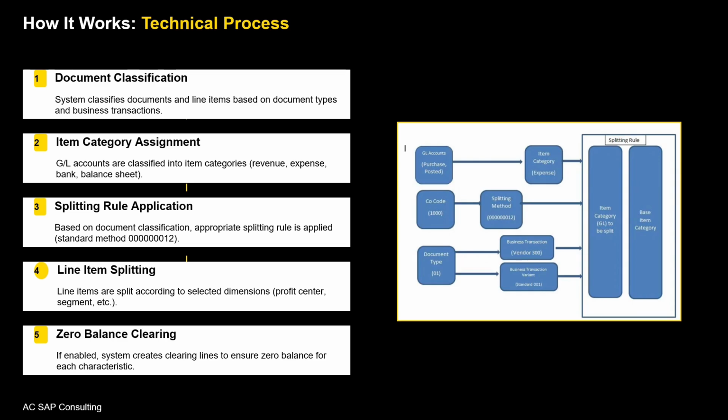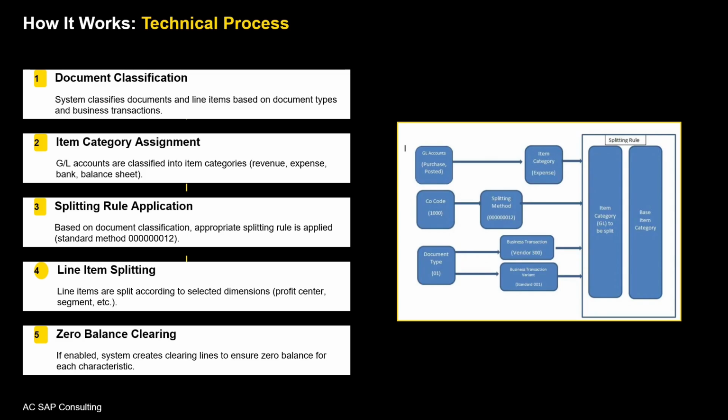Then we have a splitting rule, and then line item splitting, where we select the characteristics or the different cost objects at which we want the document splitting to work, and we can also enable whether we want zero balancing or not. We also saw all these configurations in the previous videos. If you haven't, as I said, please visit those videos, and then you'll have a better understanding of what we are discussing in this one.